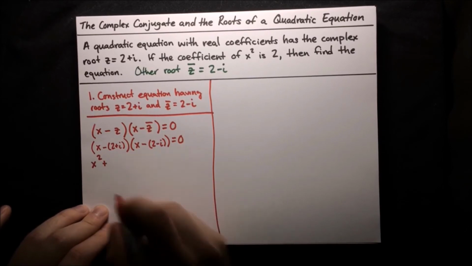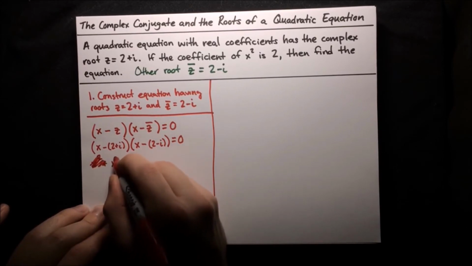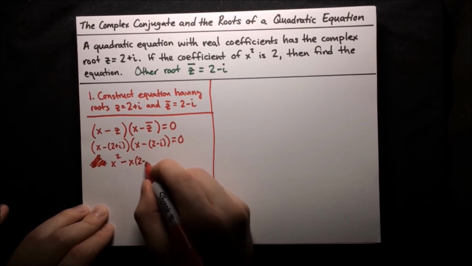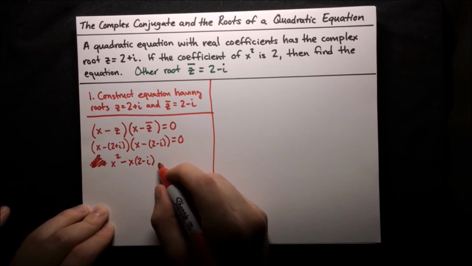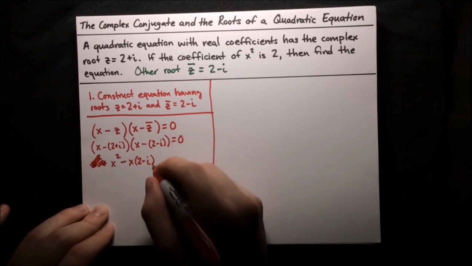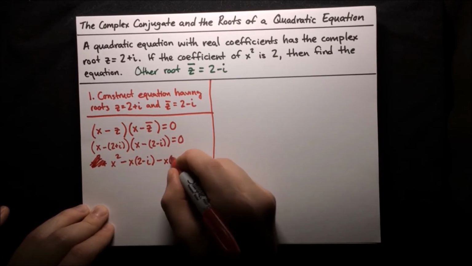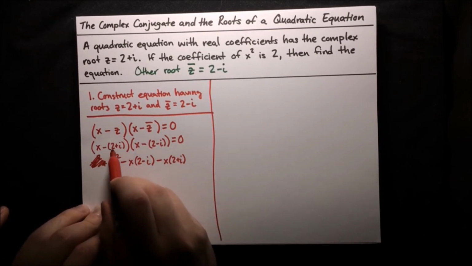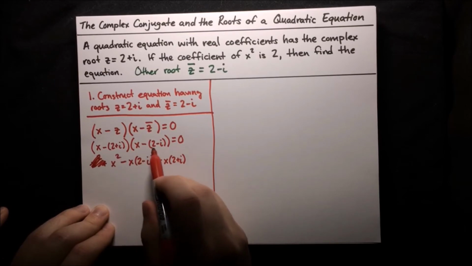So why don't we really write this as x squared minus x times 2 minus i, and then minus another x times 2 plus i, then plus minus of 2 plus i times minus of 2 minus i.